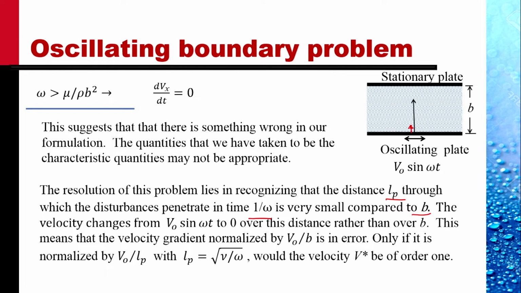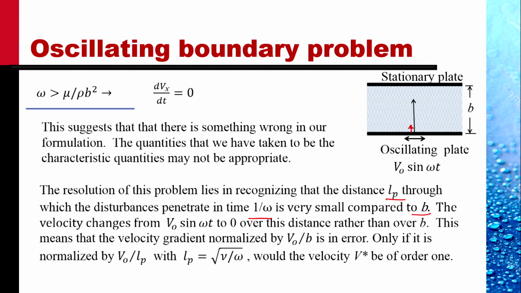And so the effect over a long time is now restricted to a thin layer about the lower plate. The velocity changes from V naught sine omega t to 0 over this small distance rather than over the whole distance b.